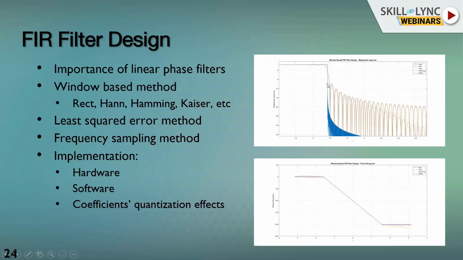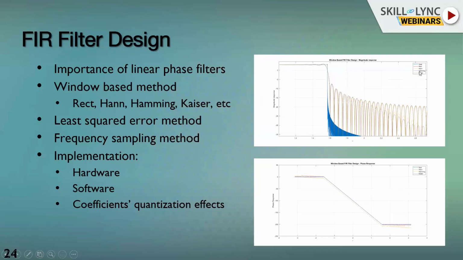One is that the pass band is not flat throughout the desired frequency. You can see there is a ripple here, and the transition band is not that sharp. And then the stop band attenuation has become much worse than the ideal. The ideal one is giving us 40 dB of attenuation, but the windowed ones, which are practically implementable, are giving us only around 15 dB of attenuation in the stop band.